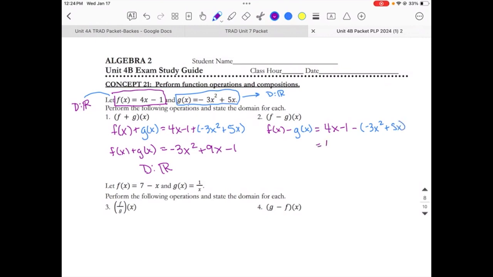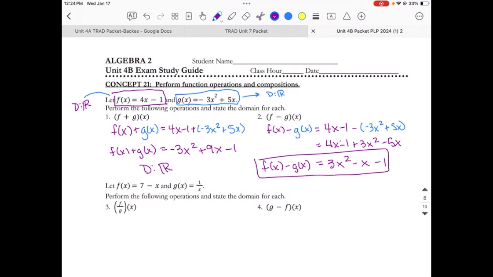When you distribute that negative through, you end up with 4x minus 1 plus 3x squared minus 5x. And combine like terms, we end up with f of x minus g of x equal to 3x squared minus x minus 1. And there's no fraction, so our domain is all real numbers.